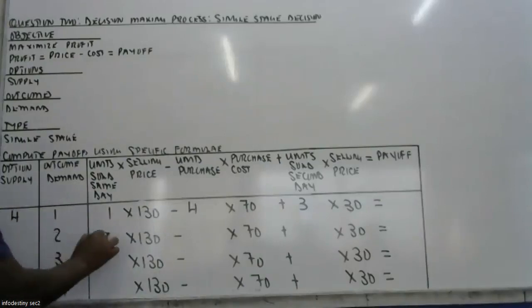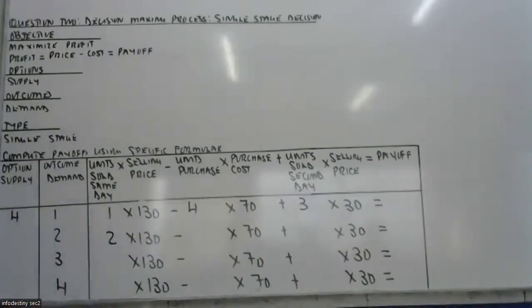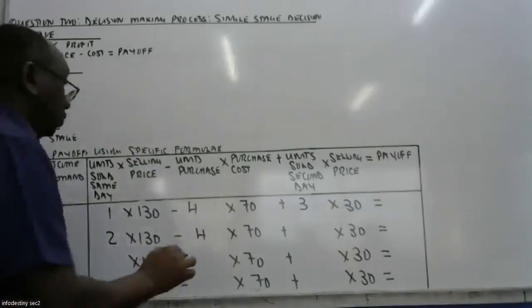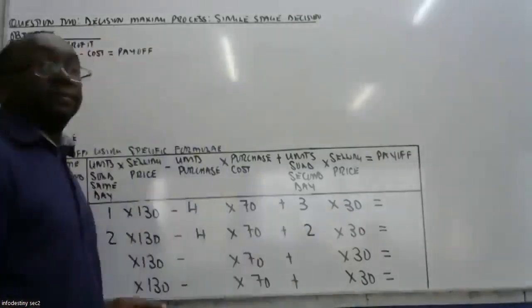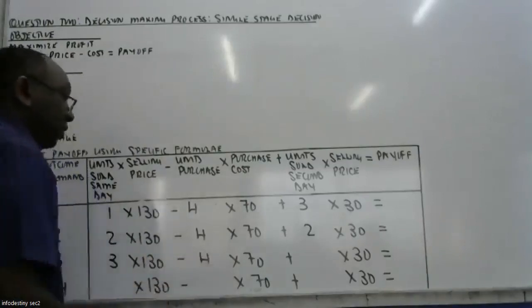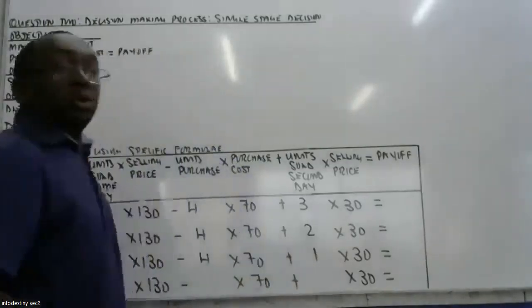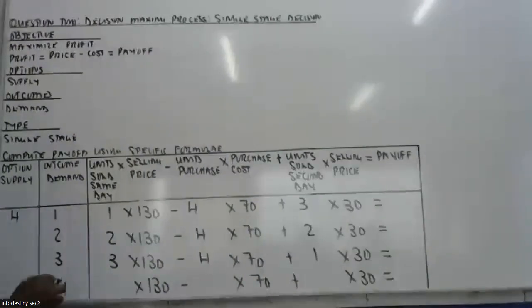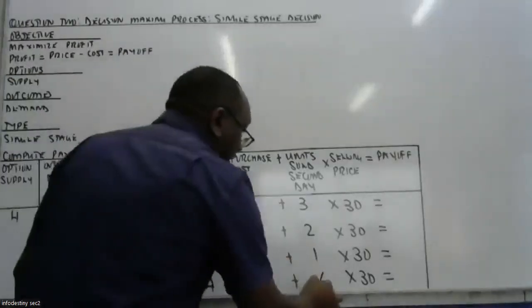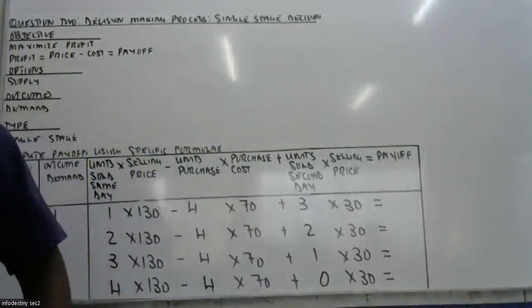If 2 customers come, you sell 2, and you have bought 4, so 2 remain unsold. If 3 customers come, you sell 3 because you have bought 4 and 1 remains unsold. And here 4, because there are 4 customers and you have bought 4. There is nothing that remains unsold.